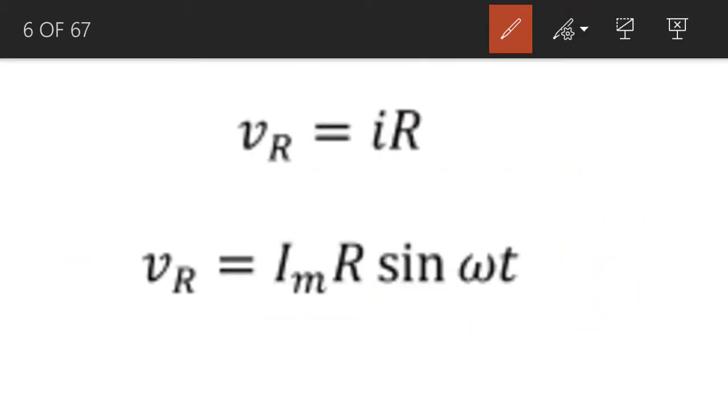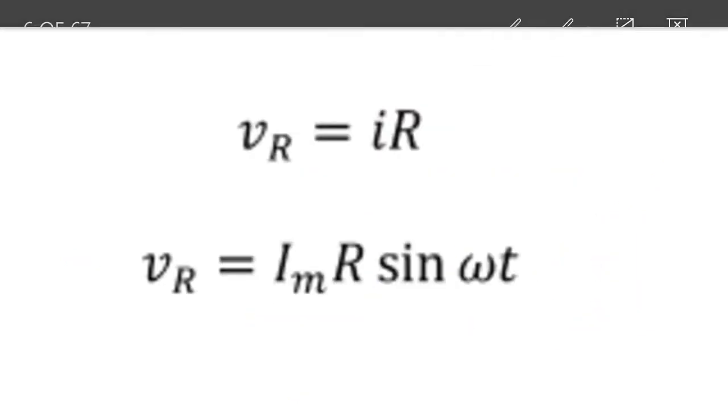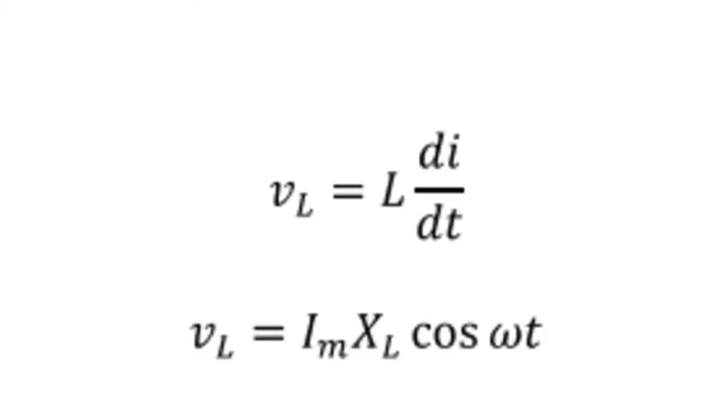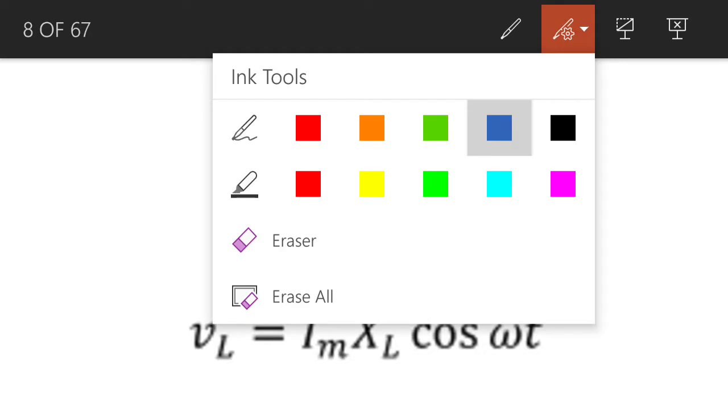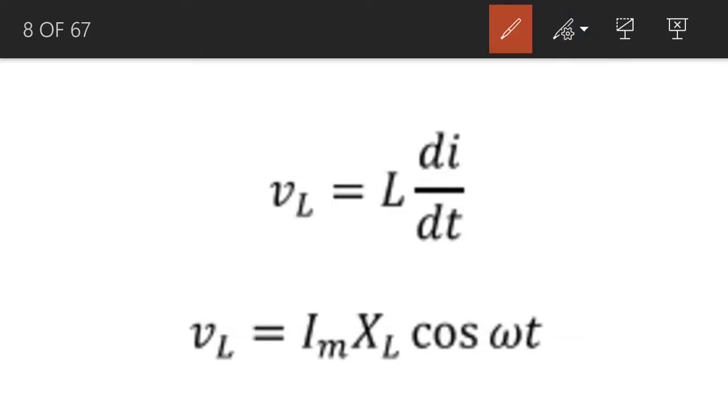Let us consider the voltage across the inductor. Here is the voltage across the inductor, and we can write down this voltage across the inductor in this form as well.